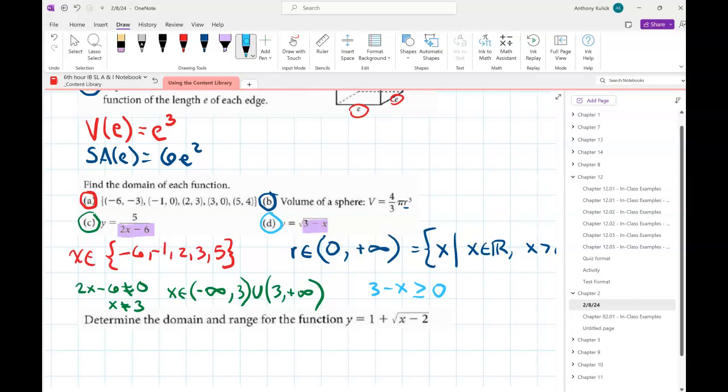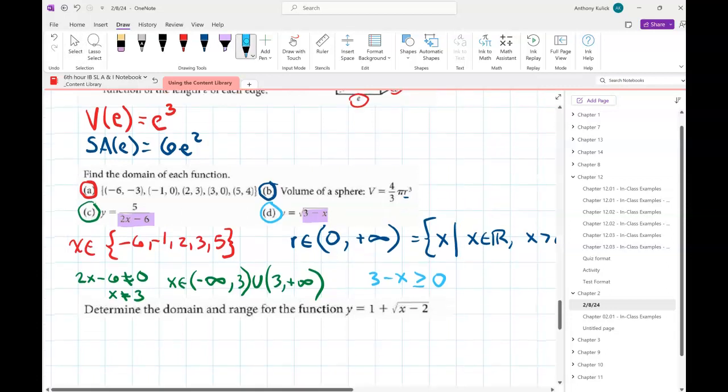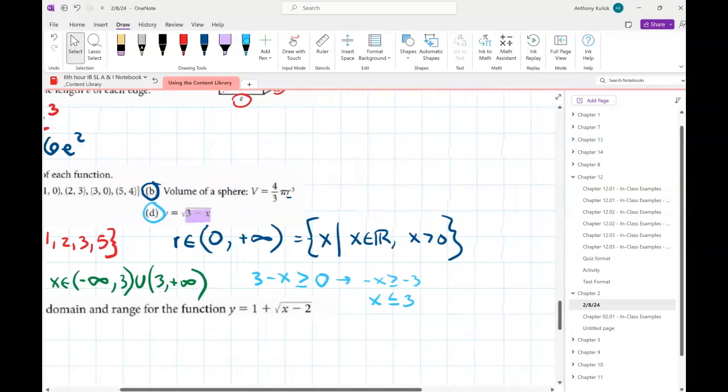Okay. So to get the x by itself, we'll subtract 3. And then when we divide by negative, what do we have to remember? Yeah, the inequality changes direction.